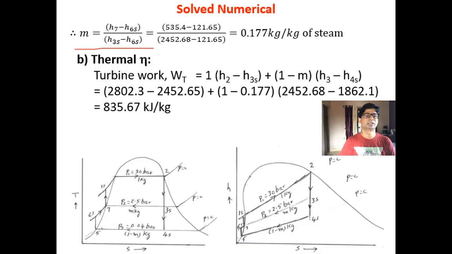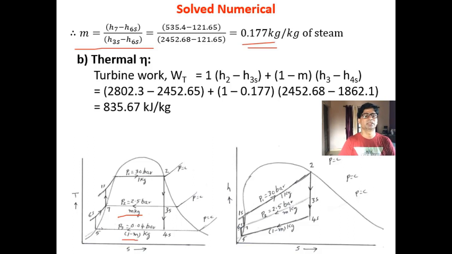It is H7 minus H6S divided by H3S minus H6S, and you will get 0.177 kg per kg of steam. So from every 1 kg, 0.177 kg is bled at 3S. So this m is only 0.177 kg. The remaining 1 minus 0.177 kg goes to the condenser.